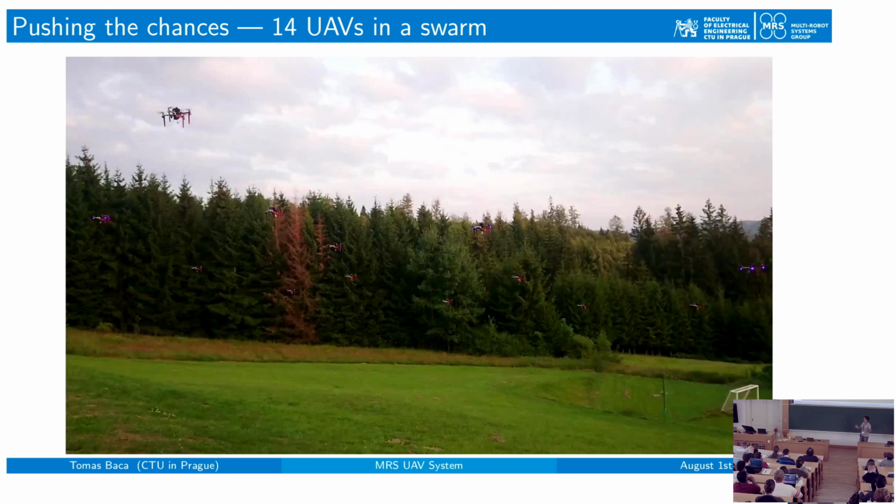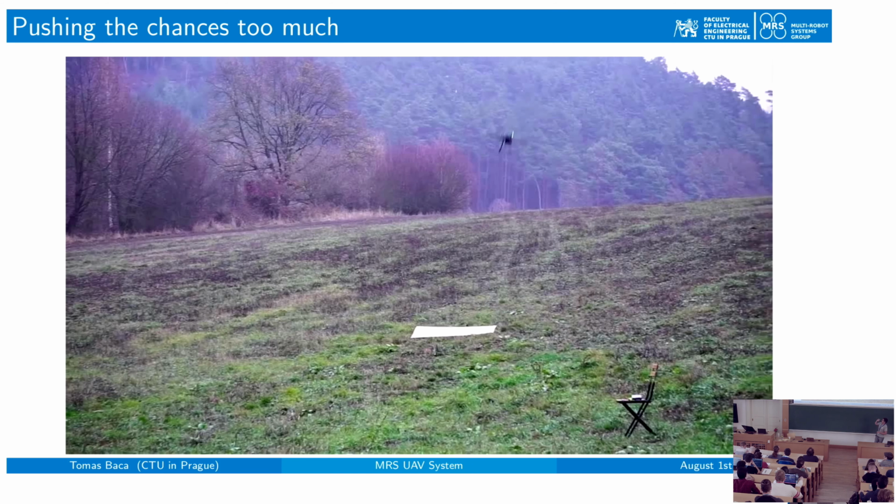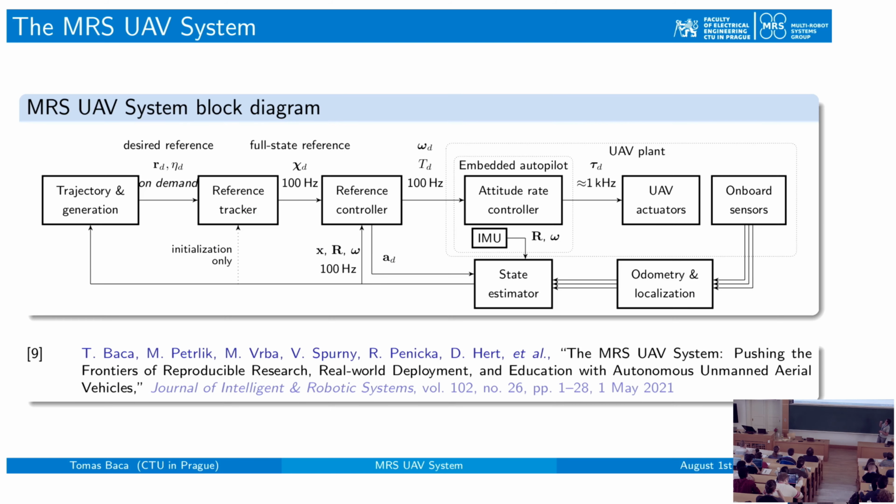That's 14 times the probability that something will go wrong. And if a drone goes wild in a swarm, it can easily destroy other drones. So beware, with multi-robot systems there is a new layer of problems coming in. And here I had a nice video of like 20 crashes which we had in the past 5 years, but you can imagine that, I guess.